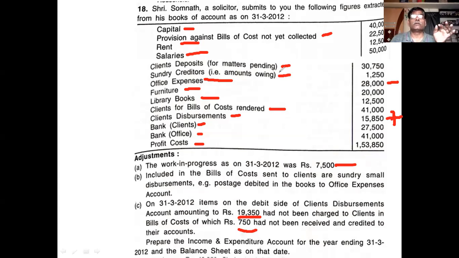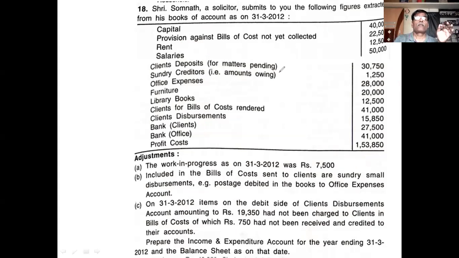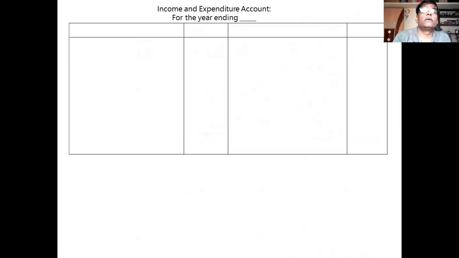Okay, you see this. This is the income and expenditure account for the year. First you take the provision for against fees, and on the debit side you take the rent.